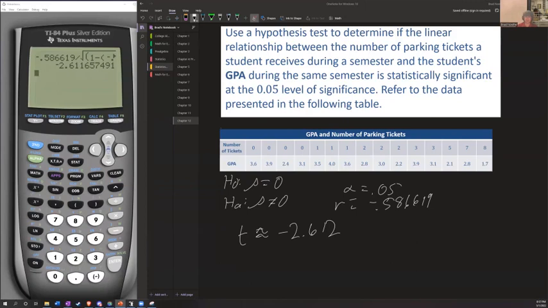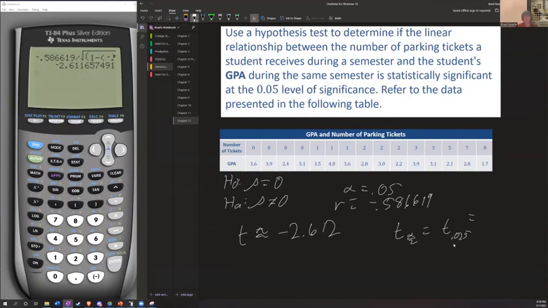So now I am going to find in my table T sub alpha over 2, which is T sub 0.05 over 2, which is 0.025. And if I look at my T distribution table for degrees of freedom equal to 13 here, note that your degrees of freedom is not just n minus 1 here.